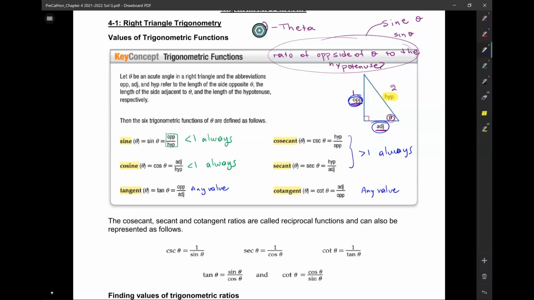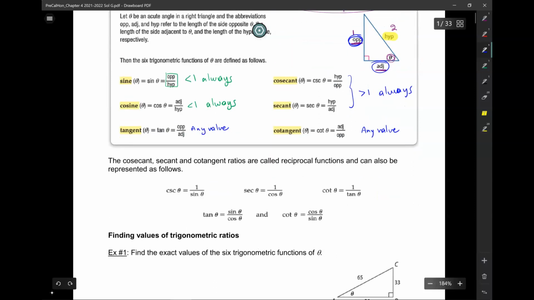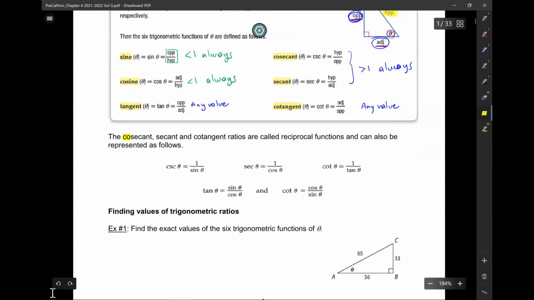So these are the reciprocals of these. That's why we call cosecant, secant, and cotangent reciprocal functions.